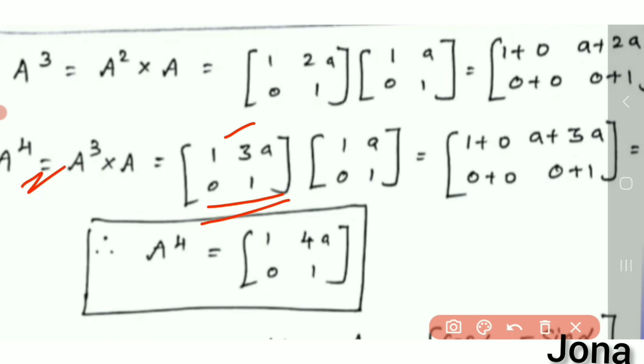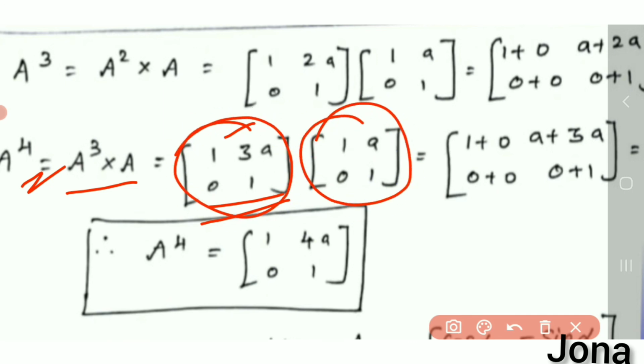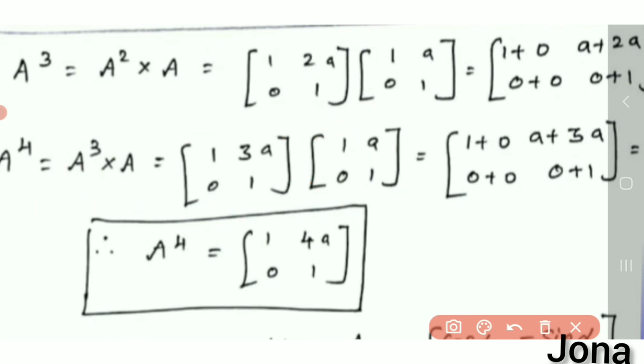And then we want to find the value of A power 4, isn't it? So A power 4 is nothing but A cube into A. The value of A cube is here, and into A. So again we have to multiply row and column wise, the matrix multiplication. First row and first column, 1 into 1 is 1, 3a into 0 is 0. First row, second column, 1 into a, 3a into 1, it's 4a.